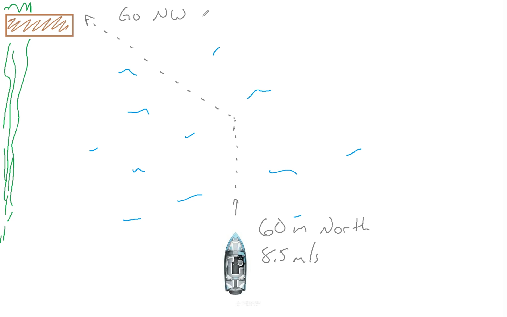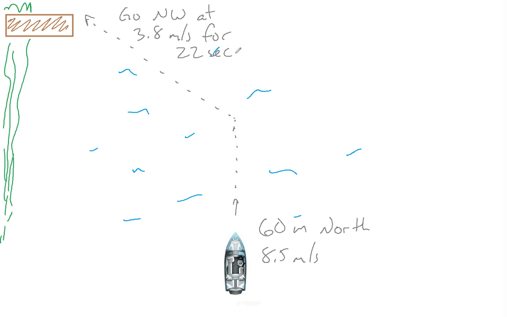Typically, you want to slow down when you're approaching a dock, so you're going to go northwest at 3.8 meters per second for 22 seconds. So driving north, it's 60 meters at 8.5, and then you're going to turn left, going perfectly northwest at 3.8 meters per second for 22 seconds to get to the dock.